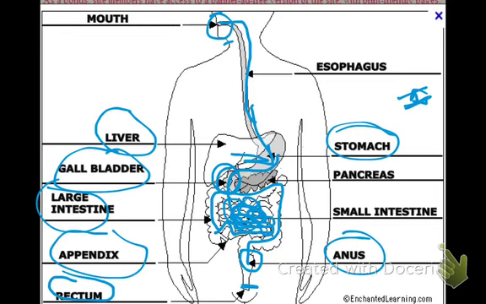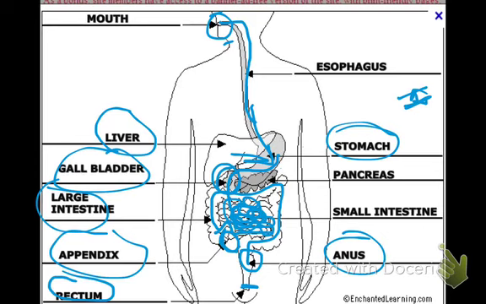You also have your appendix down here. It's just this little thing on your large intestine. Again, you can live without your appendix, but what your appendix does is reset your digestive tract if you get really sick, and the good bacteria that helps you to digest your food, like the probiotics. I know you guys have heard that word. You should eat yogurt because that's good for you. It has healthy bacteria.